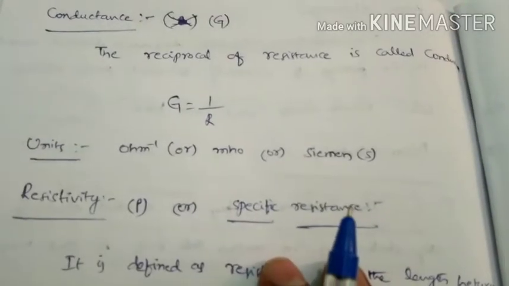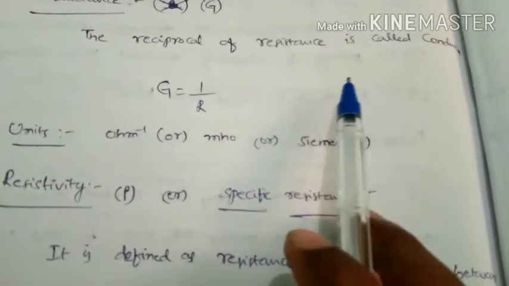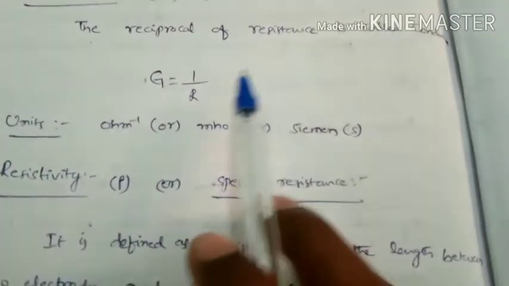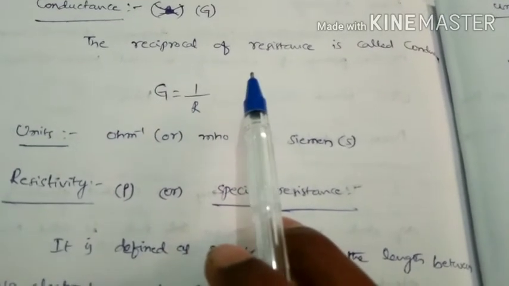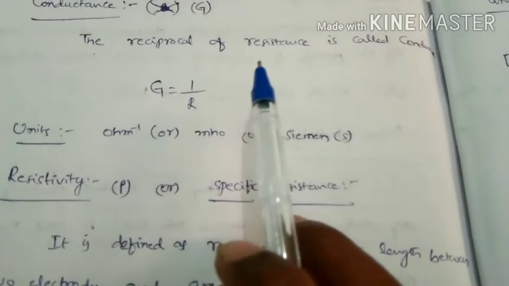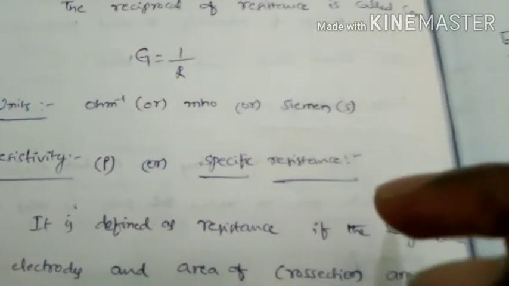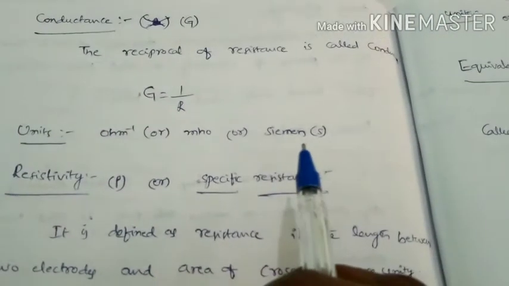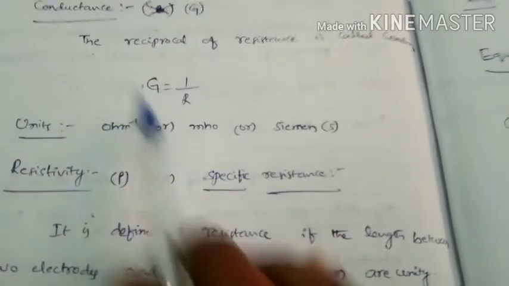Next one, conductance. The reciprocal of resistance is conductance. We know that already. Or we can give one more definition: how much electricity is carried by the substance is also called conductivity or conductance.